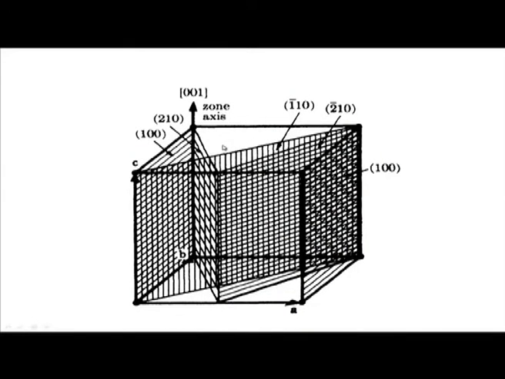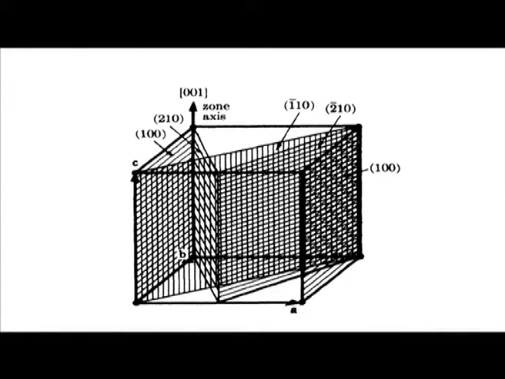These are planes which are parallel to a single line. Those planes are called zone planes and that axis is called the zone axis, right.